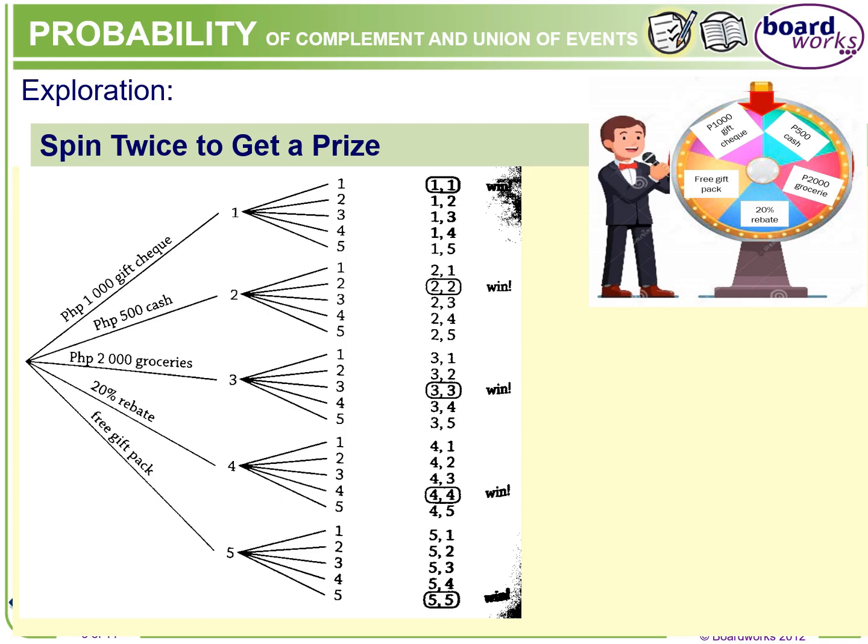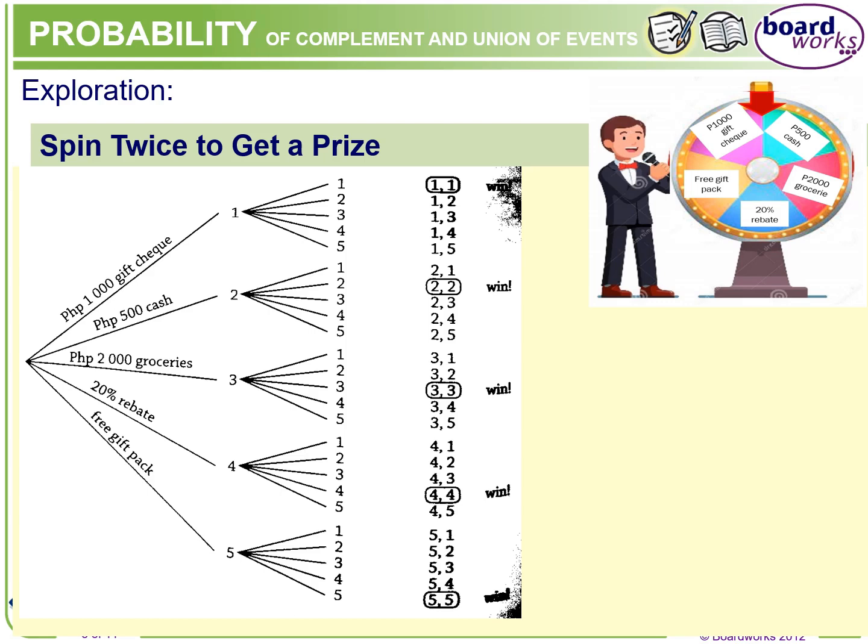So we have here the 5 sectors of the wheel: 1,000 gift check, 500 cash, 2,000 groceries, 20% rebate, and free gift pack. Now we are going to spin it twice, so the results are here: 1,1; 1,2; 1,3; 1,4; 1,5, and so on and so forth.